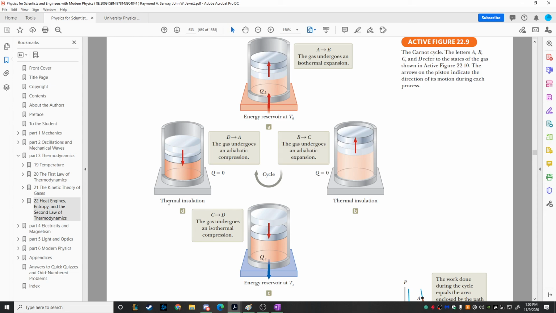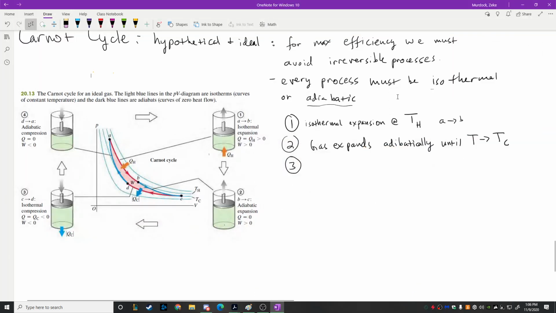And what we'll derive next time is the efficiency of the Carnot engine. And what we're going to find out is that even this engine is not going to have 100% efficiency. So that's what we want to start next class off with, and then we'll go into talking about entropy.